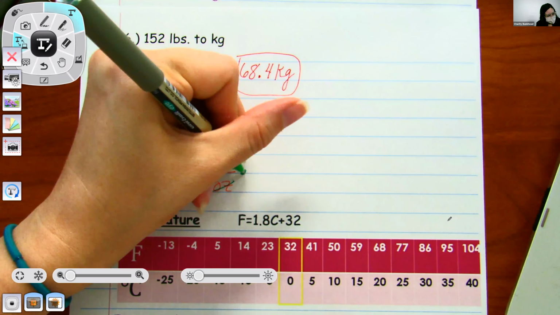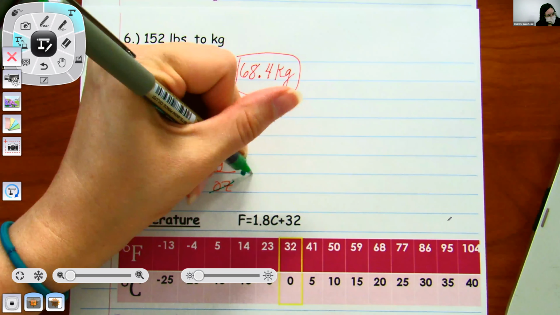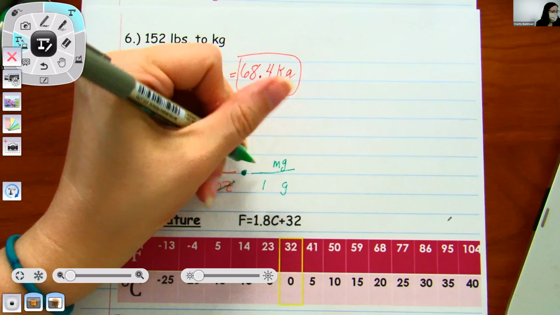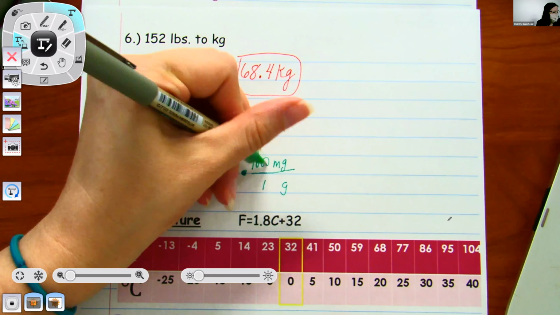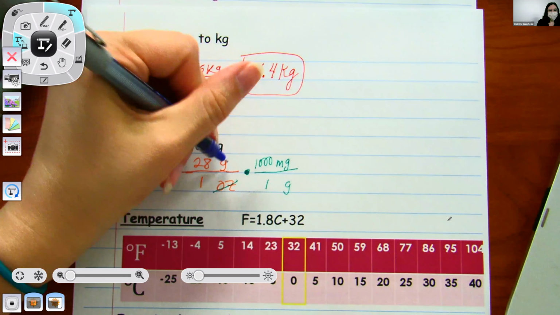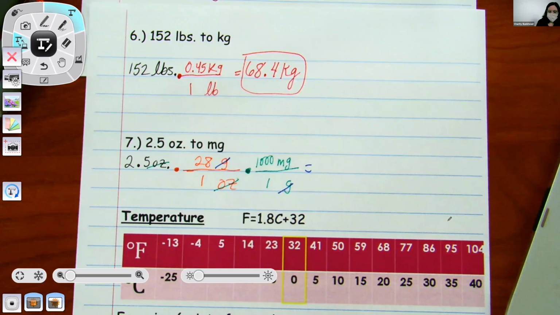And we want to convert grams to milligrams, and 1 gram has 1,000 milligrams. So 2.5 times 28 times 1,000 is 70,000 milligrams.